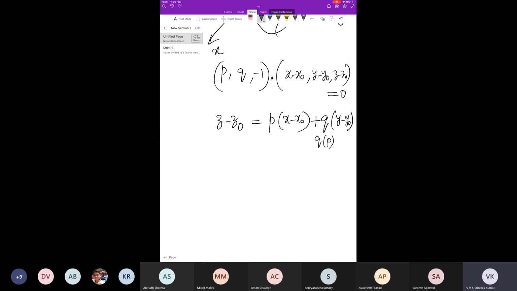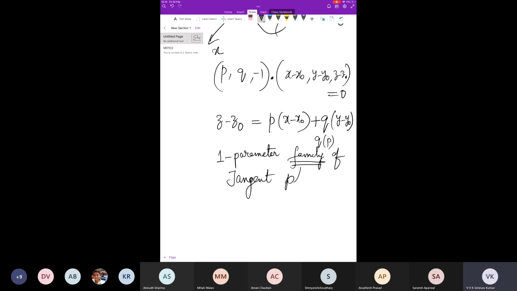The parameter is now, because of this dependency, one parameter family of tangent planes. Why a family?